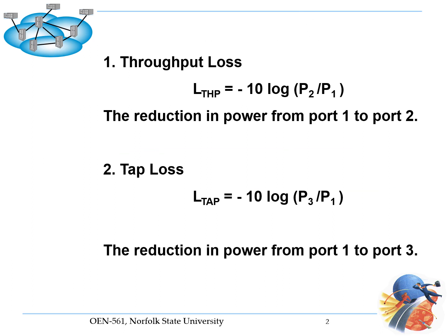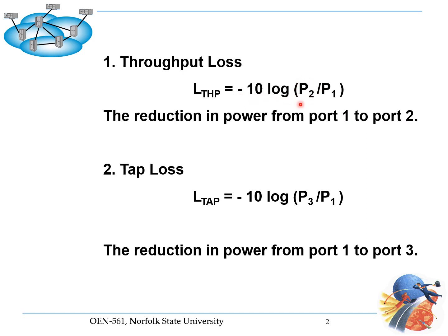For directional coupler, a throughput loss is defined in dBs as -10 times log of the ratio P2 to P1, which indicates the reduction in power from port 1 to port 2. As you can see here, I introduced sign minus.